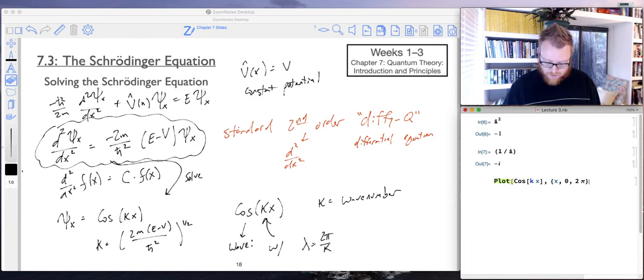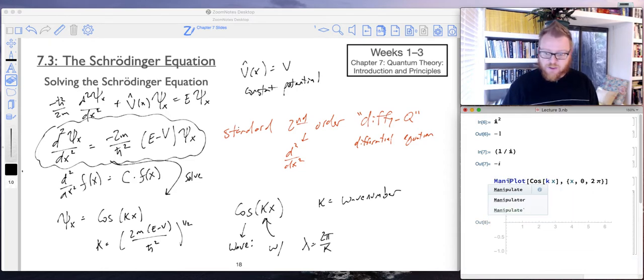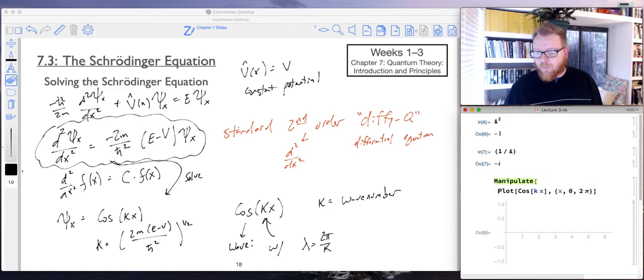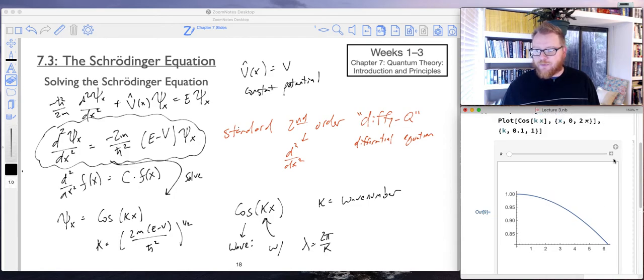End bracket. And I think that's enough to give me a lovely cosine function. Oh, I have to supply a value for k, of course. So what we're going to do is now say manipulate, and then now we're going to let k go from, let's make it go from 0.1 to 1. End bracket. Lovely. Okay, there is my cosine function.